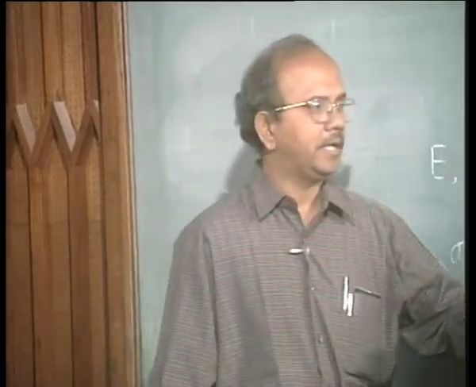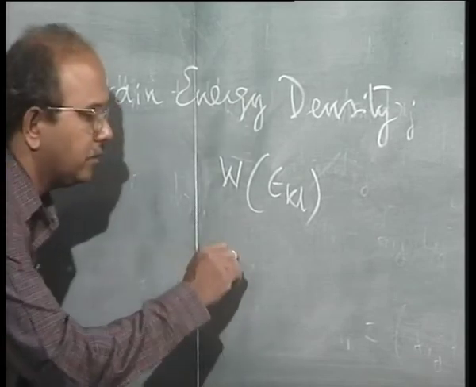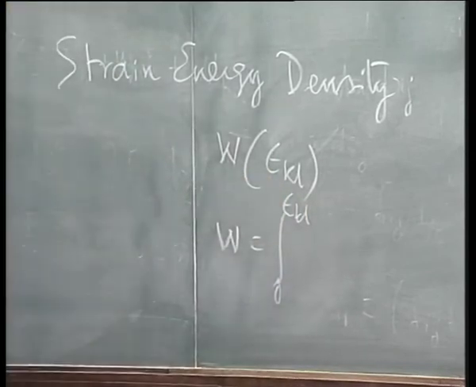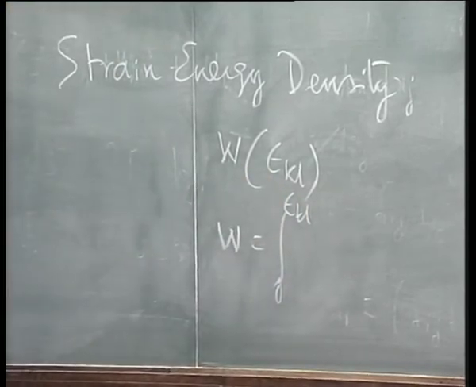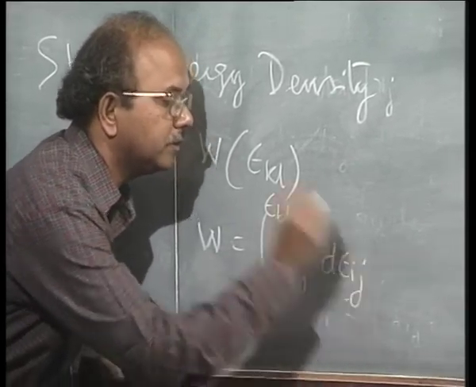Okay. Now, look at that. W is a function of epsilon kL. Now, how am I going to define W? Okay. We will get back to our original thing, the integral from 0 to epsilon kL of sigma ij d epsilon ij.